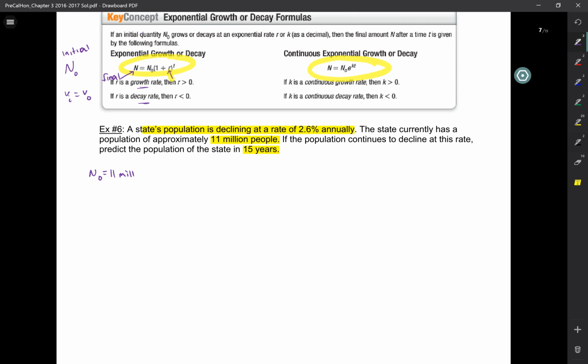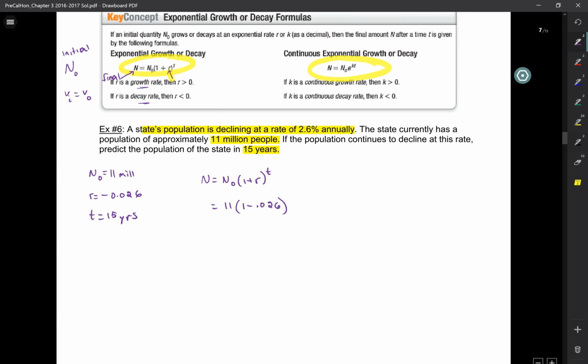All right, the rate is 2.6% and it's decreasing, so it's negative 0.026. t is 15 years. All right, so N is equal to N naught, 1 plus r to the t. So this is 11, 1 minus 0.026 to the power of 15.